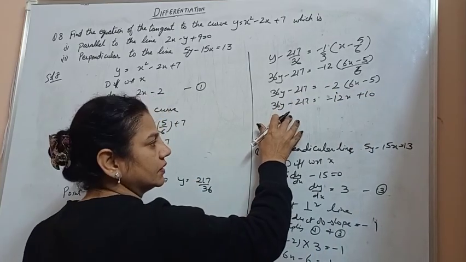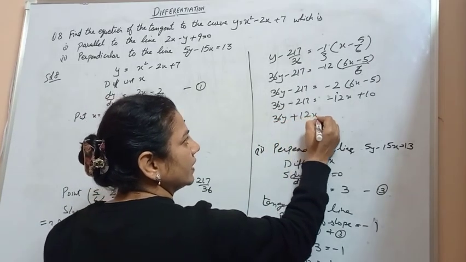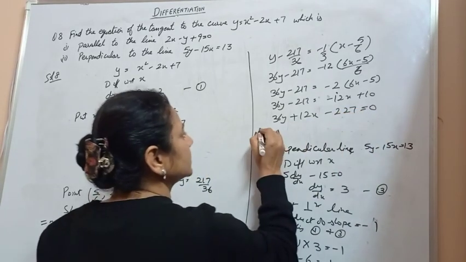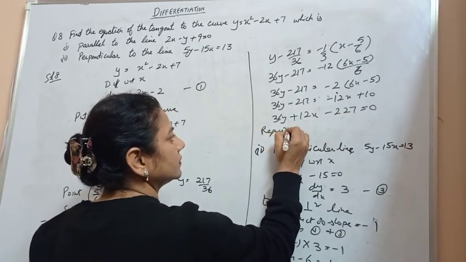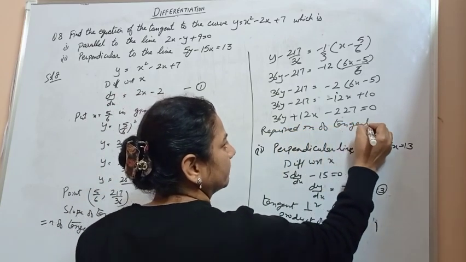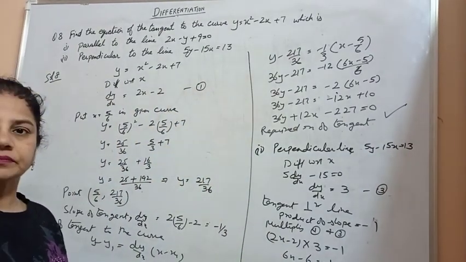Take all this to the left hand side. I get 36y + 12x − 227 = 0. This is my required equation of tangent.